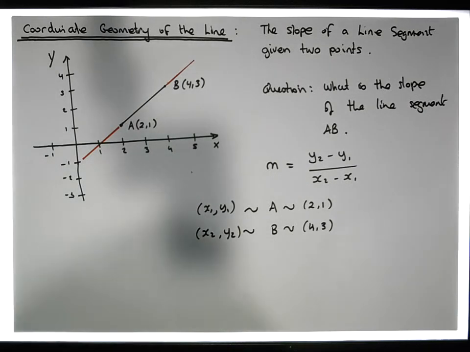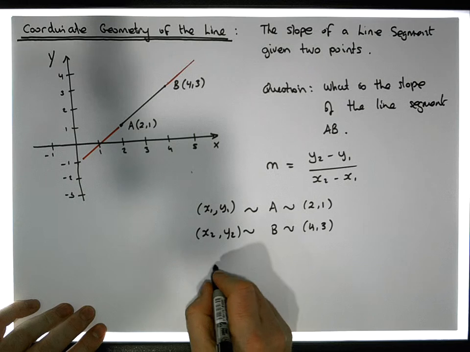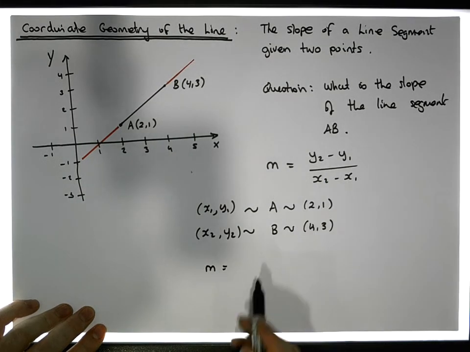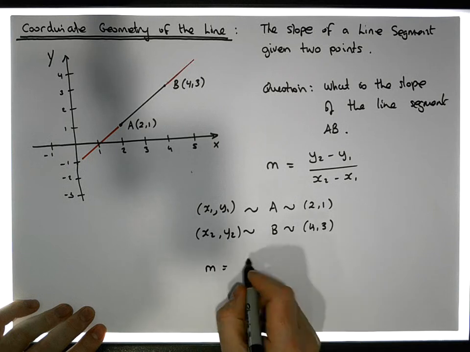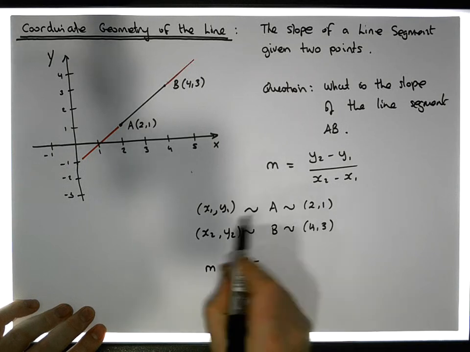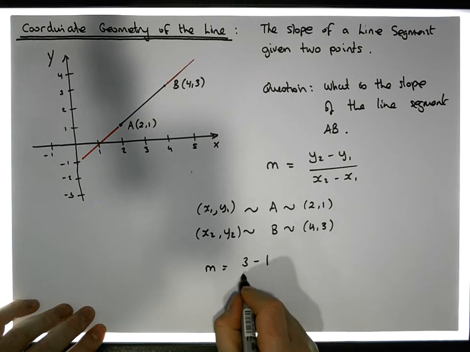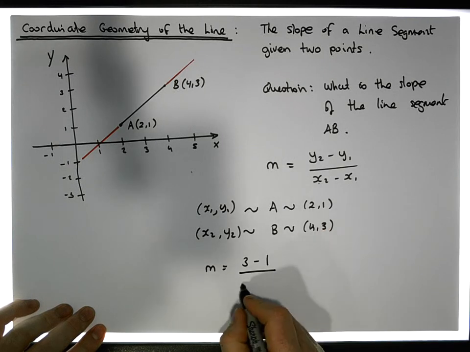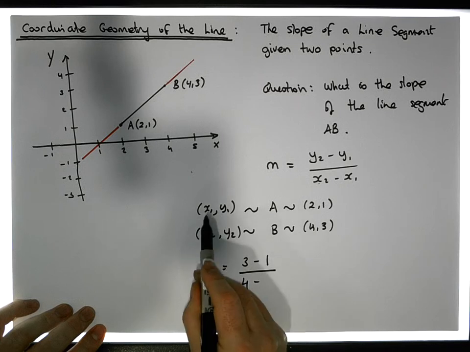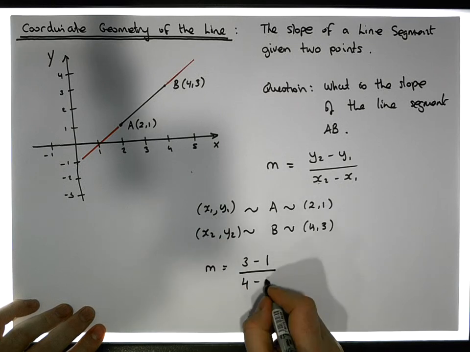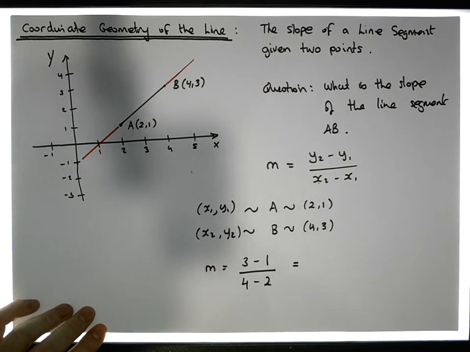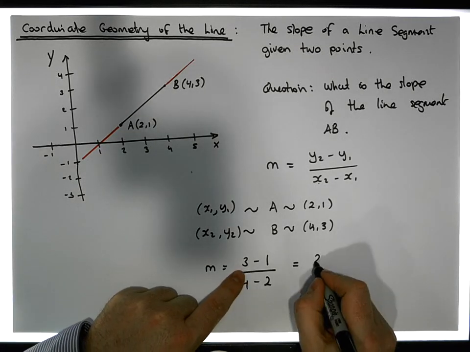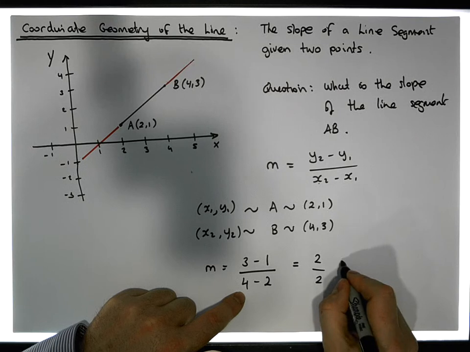With respect to this, the slope m is equal to y2 minus y1. y2 is 3, so it's 3 minus y1, and y1 is 1, divided by x2 minus x1. Well, x2 is 4, minus x1, which is 2, so minus 2. So 3 minus 1 is 2, and 4 minus 2 is 2, so we get 1.